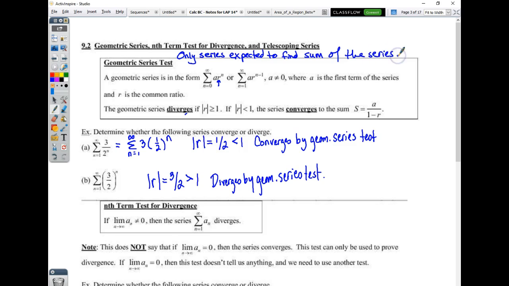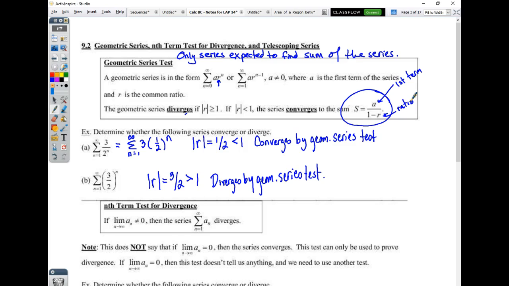So this is the only series where I'm expected to actually come up with a legitimate value for that. And that's something, again, in pre-cal you should have talked about, that S is equal to A over 1 minus R, where A is our first term, and the R is our ratio we're looking at.